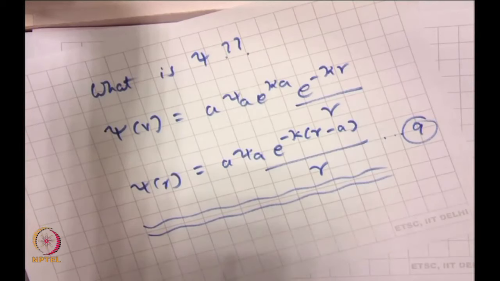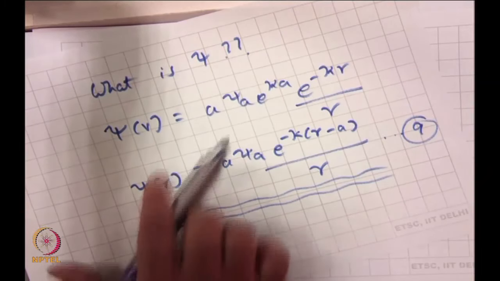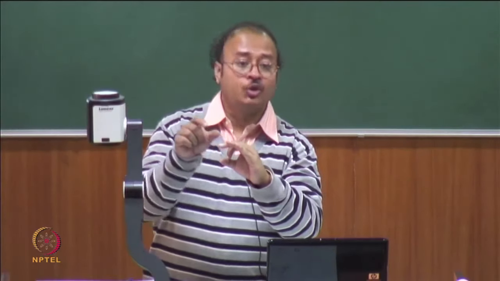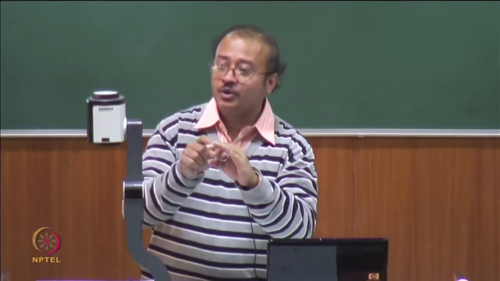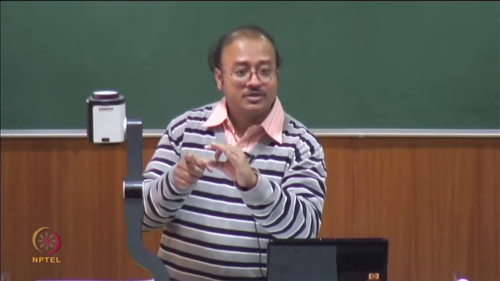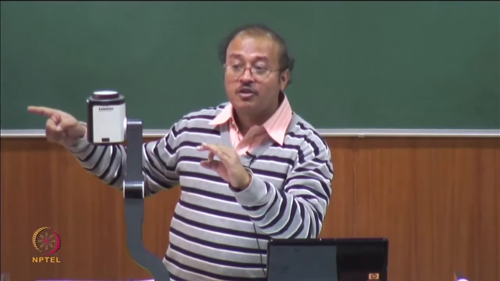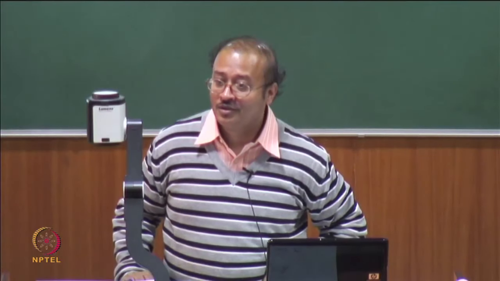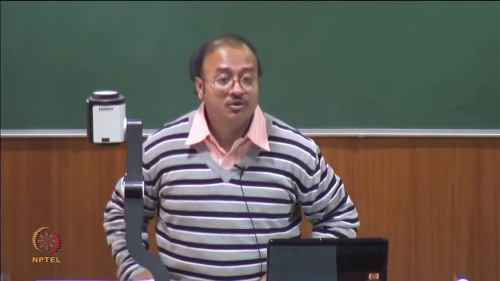What does r minus a mean? Obviously between 0 to a you cannot cover, because then you are inside the protein. So r minus a means how far you are moving out from the surface of the protein. And how is the charge distribution now varying?